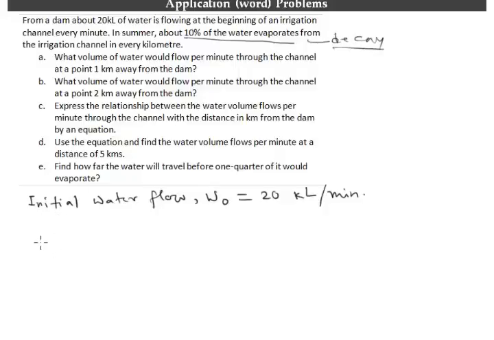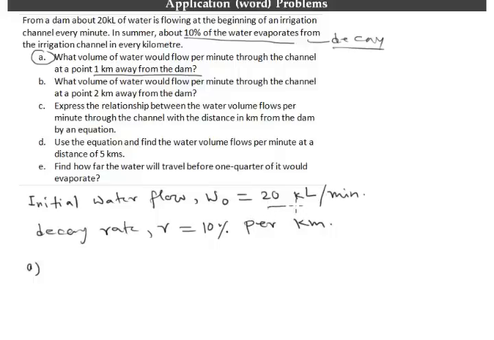So we can write it as the decay rate of water, that is R, is 10% per kilometer. Now question A. What volume of water would flow per minute through the channel at 1 kilometer away from the dam?